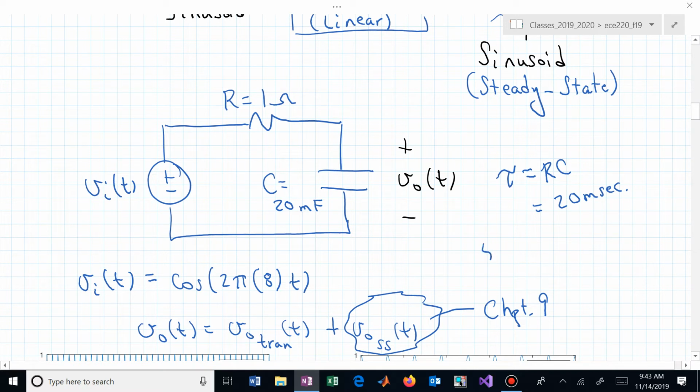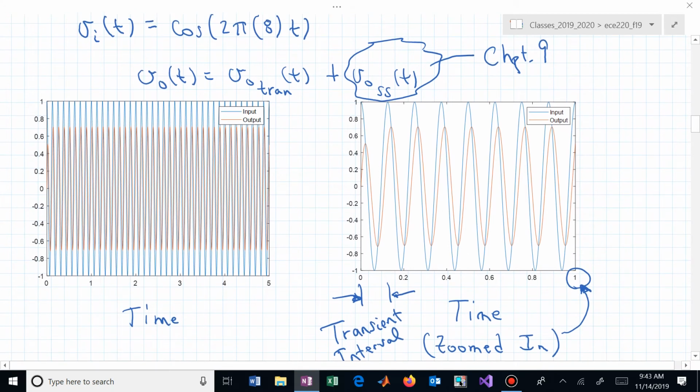And 5 tau, 100 milliseconds, or 0.1, a tenth of a second, is all we have to wait before we're now in this sinusoidal steady state, and that is fairly consistent with what you see here.